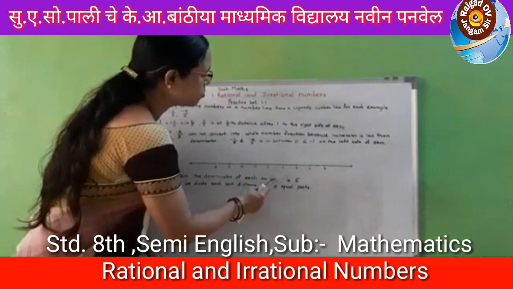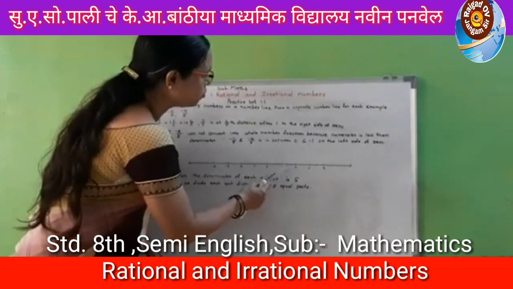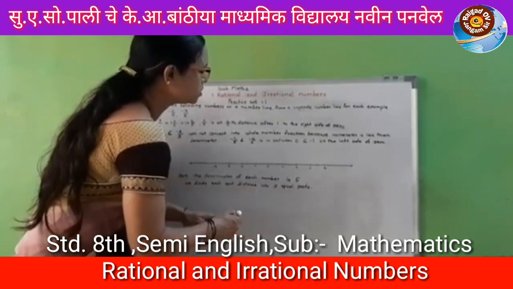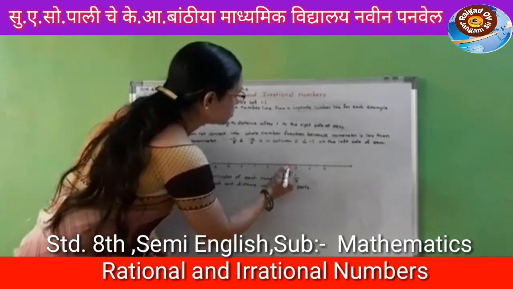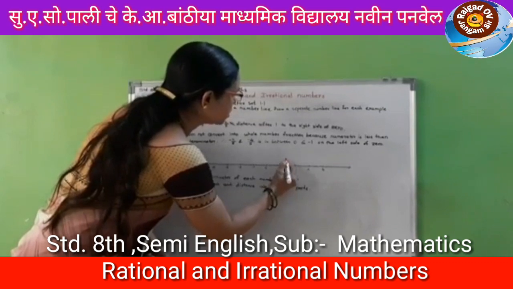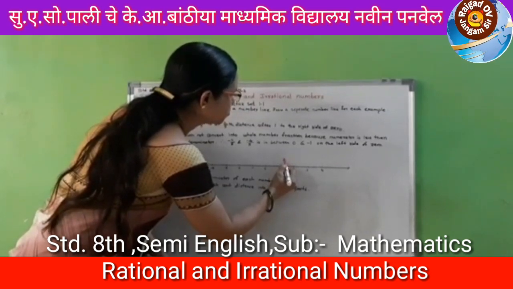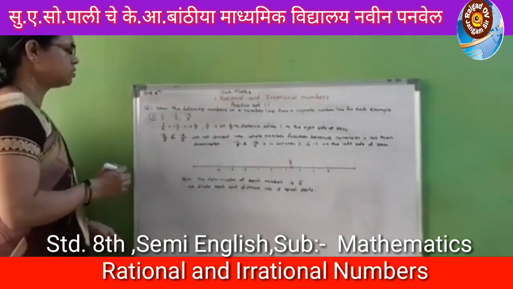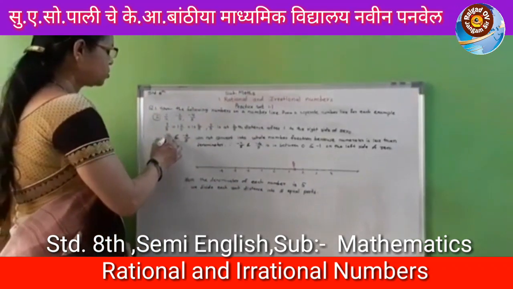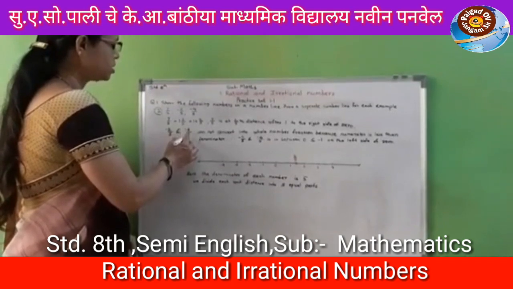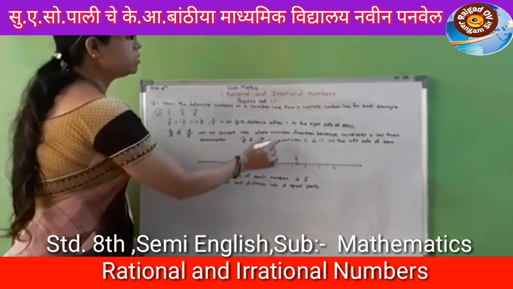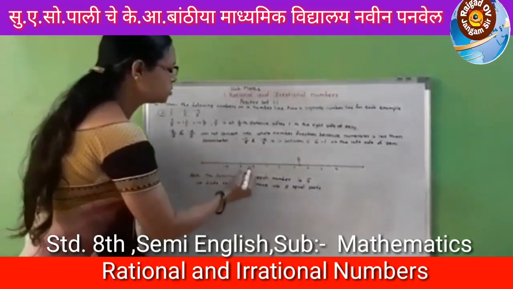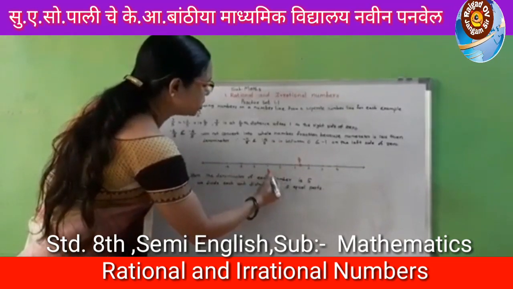Here is 1. After 1, 1 and 2. Here is 2/5 distance. So here 2 by 5. Then minus 2 by 5 and minus 4 by 5 is in between 0 and minus 1. Here 0, here minus 1.